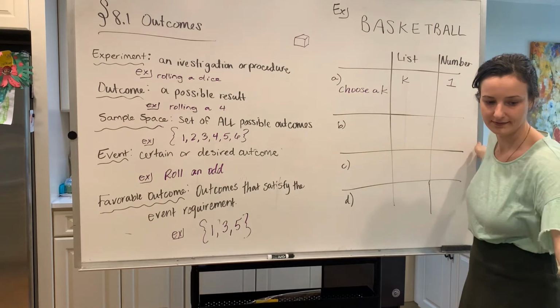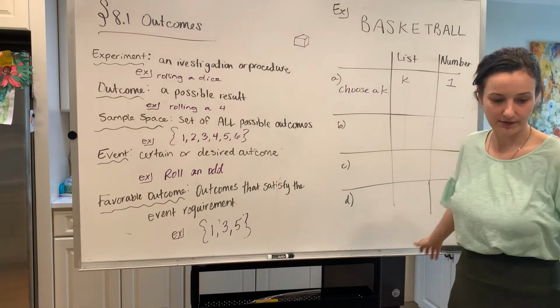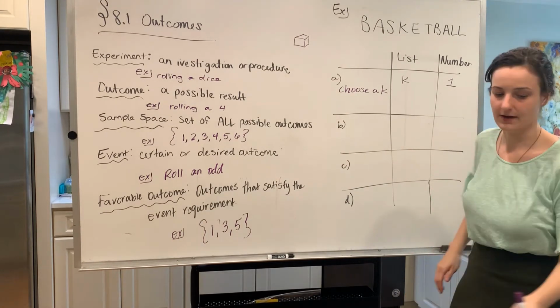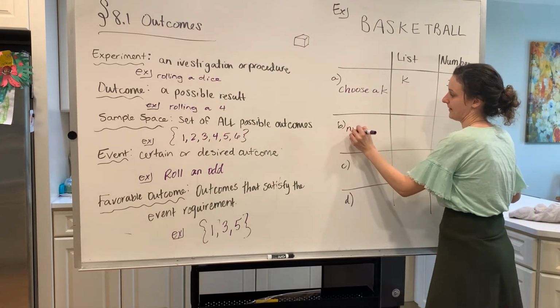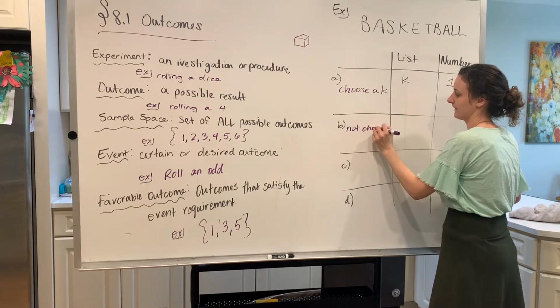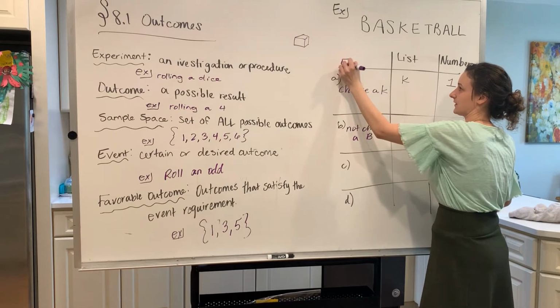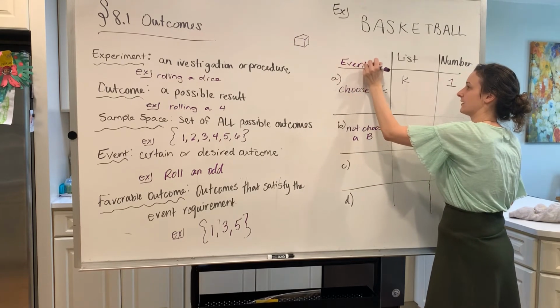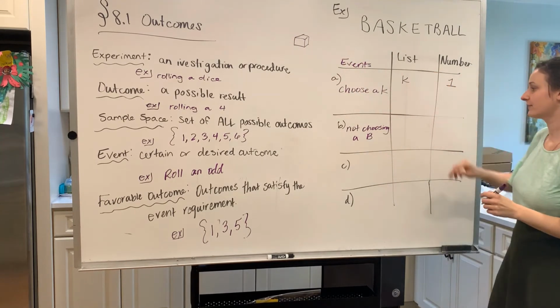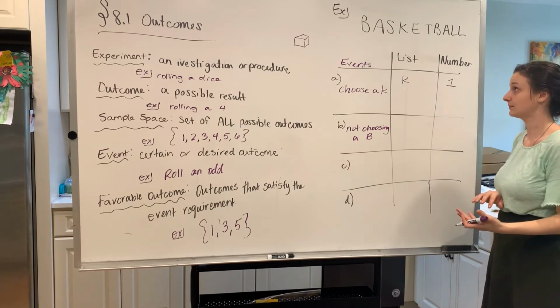There's one K. How about not choosing a B? This is our event here. What is the list of favorable outcomes of not choosing a B?